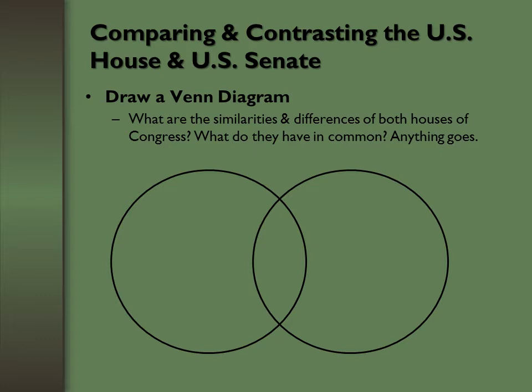Powers, qualifications, leadership, anything that you can pull out from your initial reading of Chapter 6. So go ahead and pause this video. Take 2 or 3 minutes, jot down a few ideas, and then we'll come back and see what you come up with.